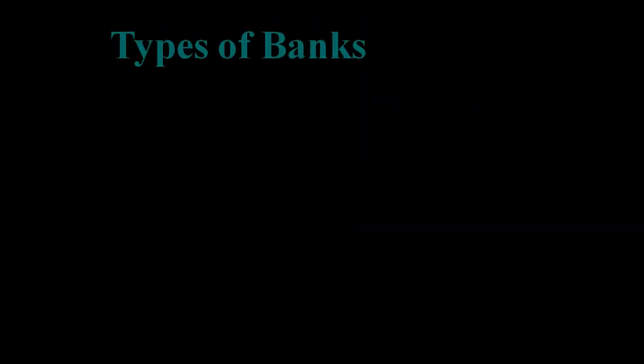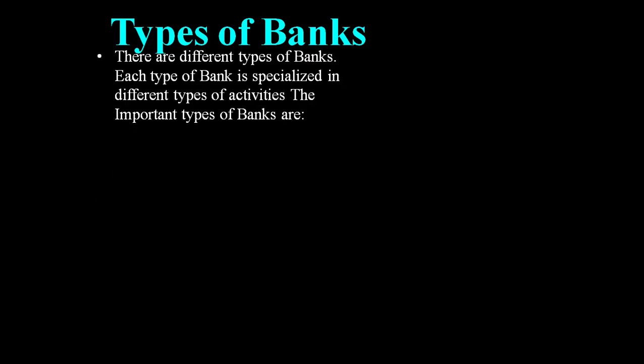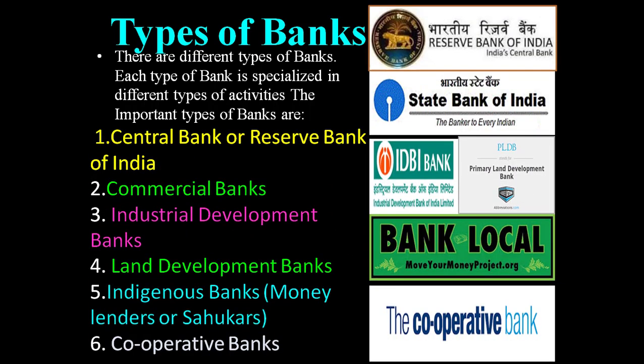So let's come to the types of banks we can identify. There are different types of banks, and each type is specialized in different types of activities. These are the types of banks we studied in 9th standard: Central Bank of India or Reserve Bank of India, called RBI, commercial banks, and industrial development banks.